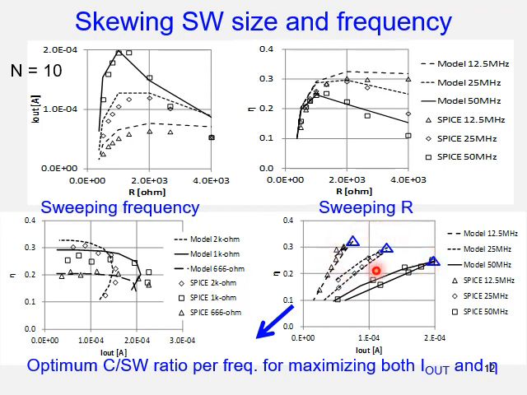So with the same data points, you just use clock frequency and you sweep R, then you can find the optimum point where the eta and I out both are maximized.